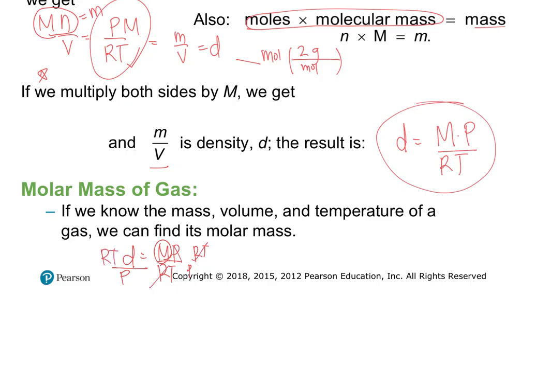So then RT cancels, pressure cancels, and what I get is molar mass equals the density times RT over pressure, or if I expand it, density is mass over volume, times RT over pressure. So both of these are good. If it gives you density, you'll use that one. If it gives you mass and volume, you'll use that one.